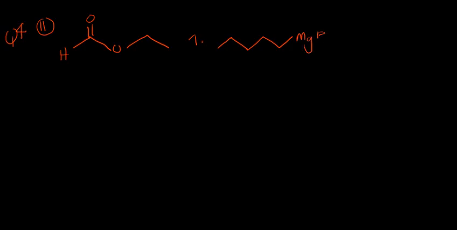Okay, so once we react with this, what is going to happen? Carbon here will come and attack from here. Let me show that these are reagents. So the carbon here comes all the way to attack here, and breaks off there.